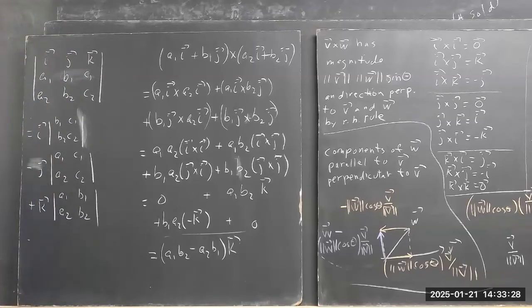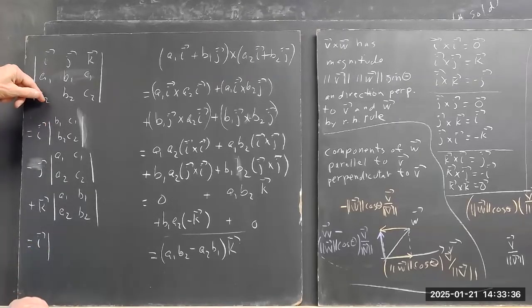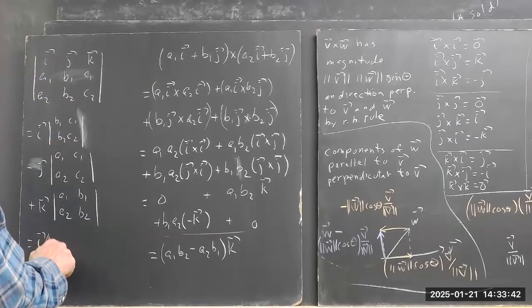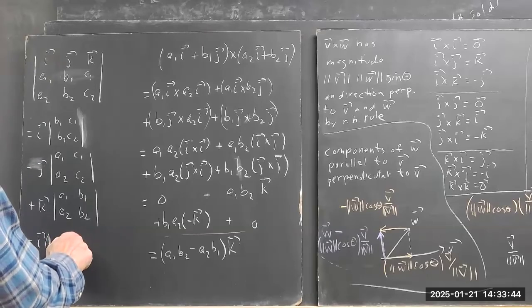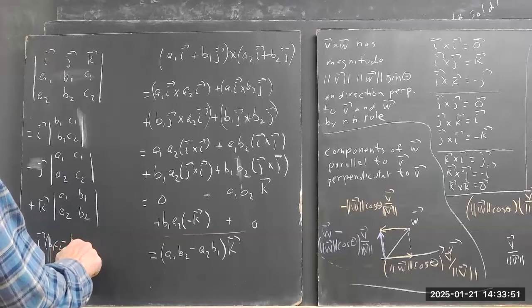And then this determinant is just this minus this, B1, C2 minus B2, C1.